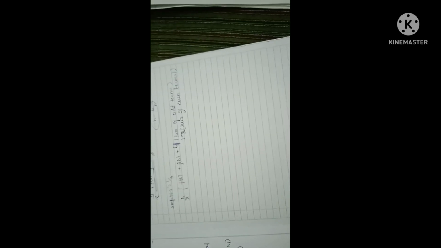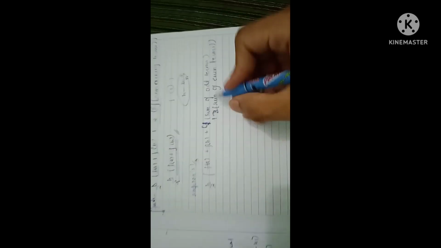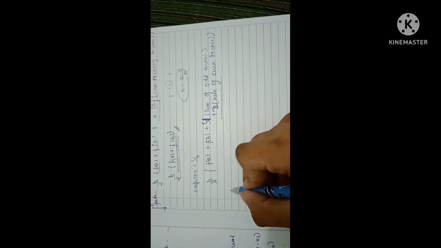I need to check this formula. Four into the sum of odd terms and 2 into the sum of even terms.